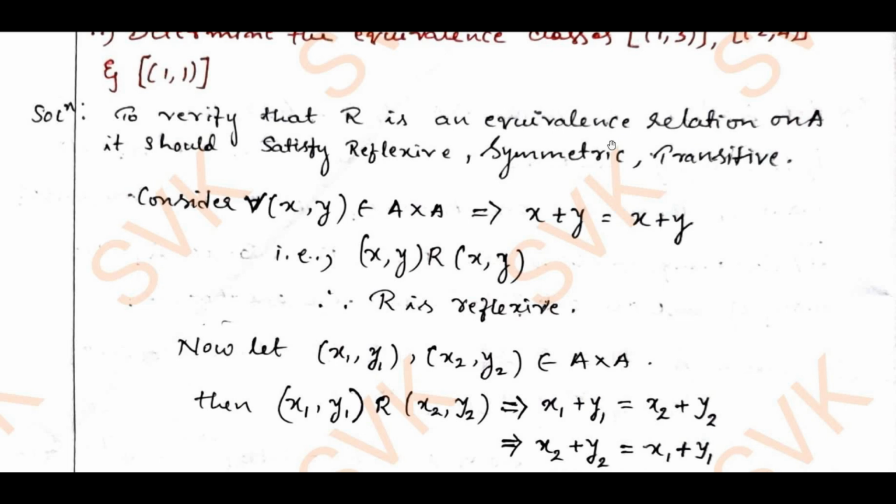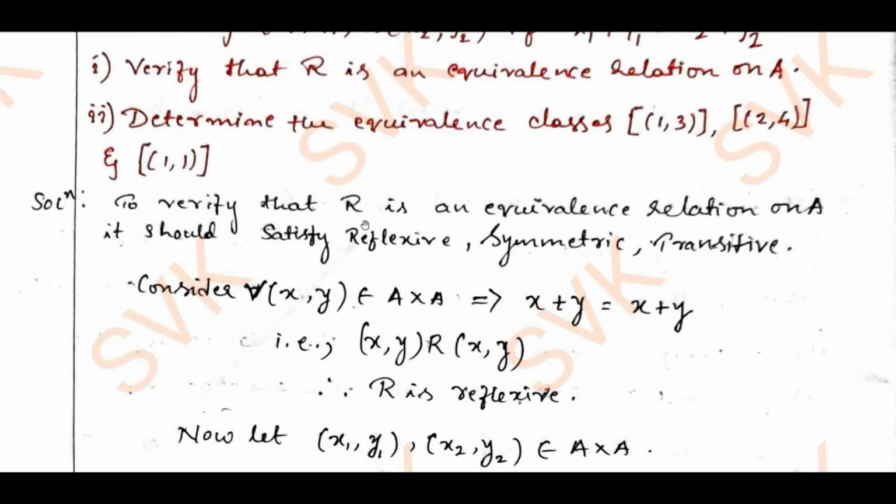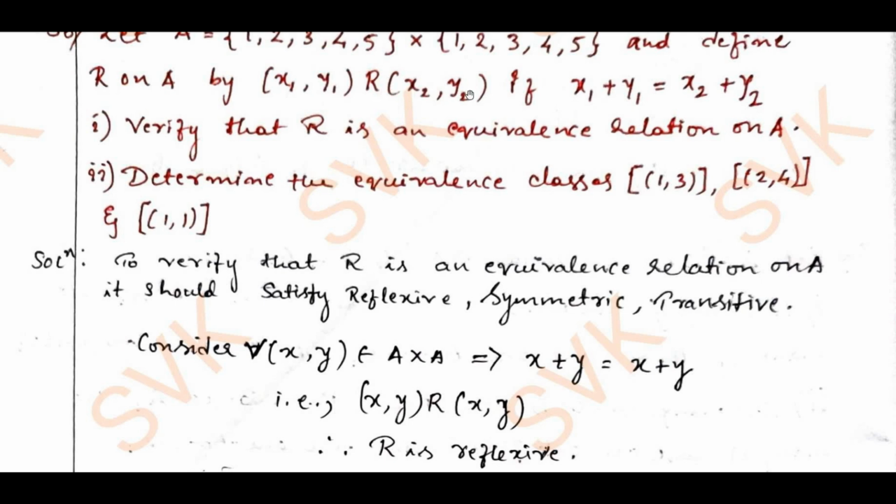Next, we need to prove whether it is symmetric or not. Let (x1, y1), (x2, y2) belong to the Cartesian product A cross A. By the definition, (x1, y1) is related to (x2, y2) when x1 plus y1 is equal to x2 plus y2.